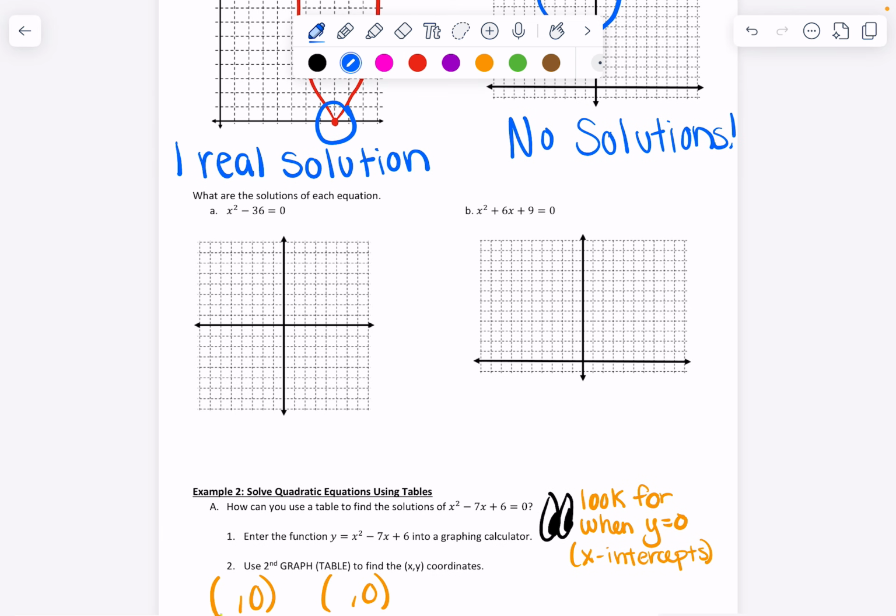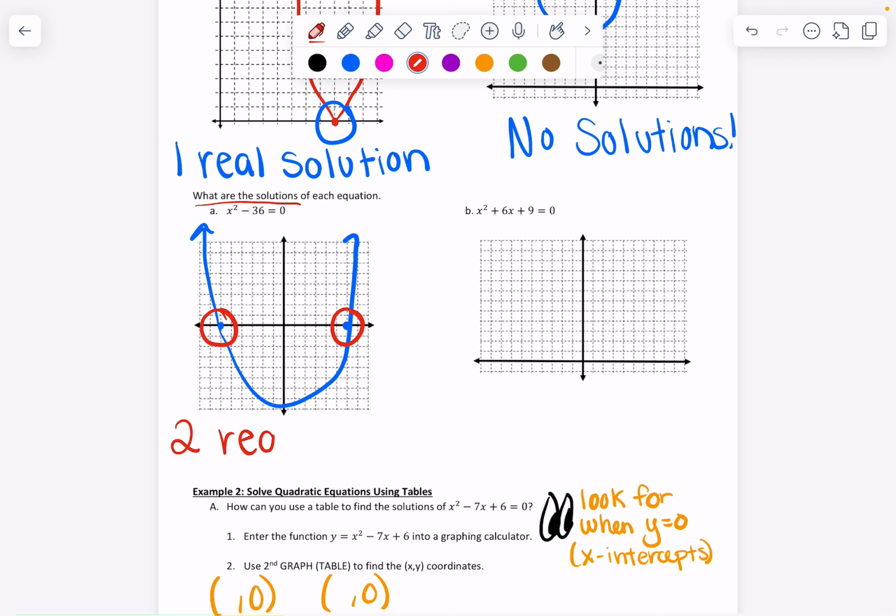All right, next one down here, when we draw a sketch of this next graph, we got something kind of like this. It was a pretty wide U shape and looked something like that. Totally not perfect, but if we are asked the question, what are the solutions or how many solutions, we would say that there are 2 different places that we cross the x-axis.